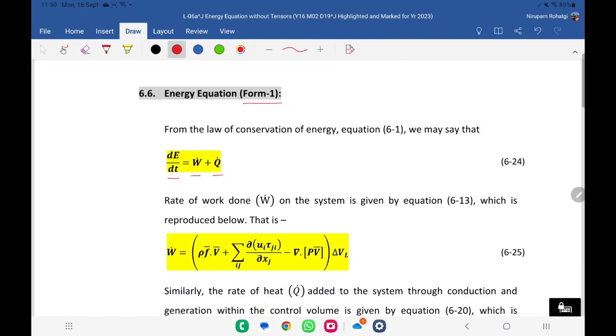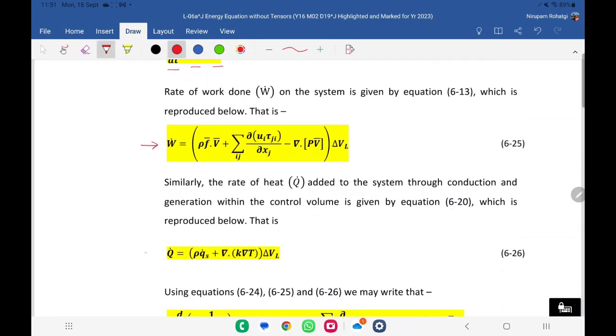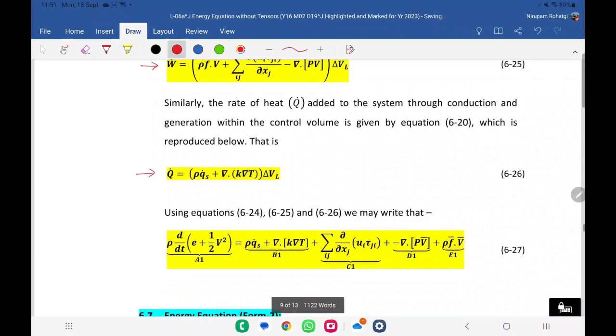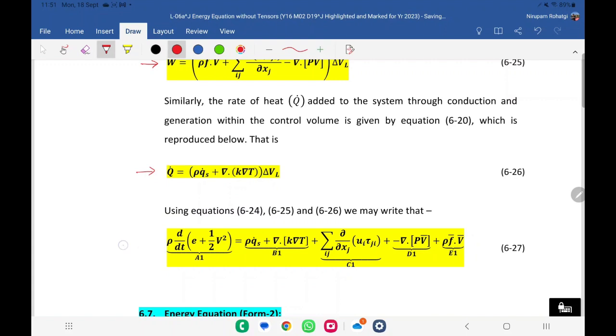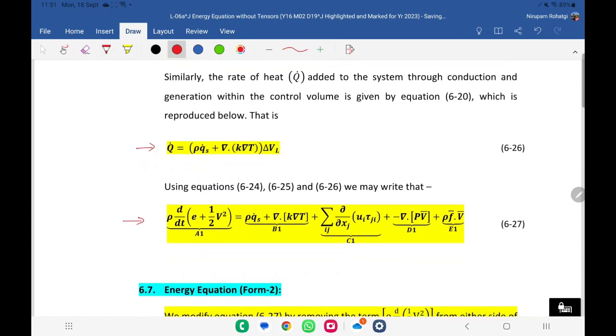Now we know that W is equal to this, already we have done above. We know that Q is equal to this, we have done above. So this will be equal to this. This is our equation of energy.